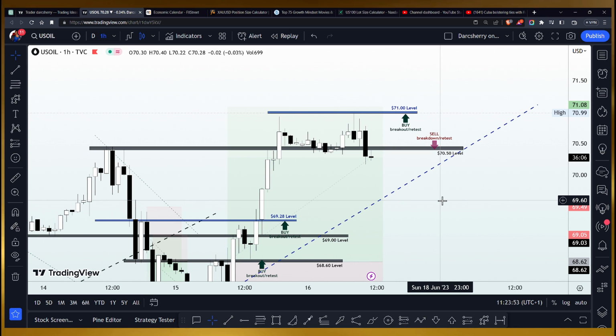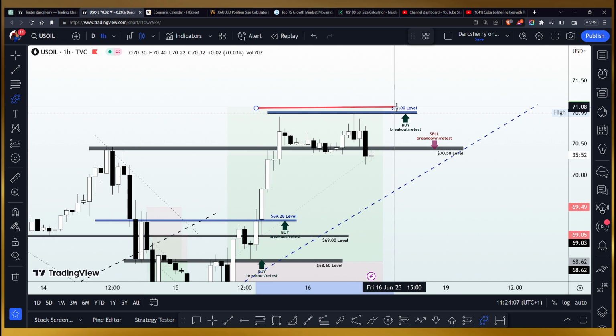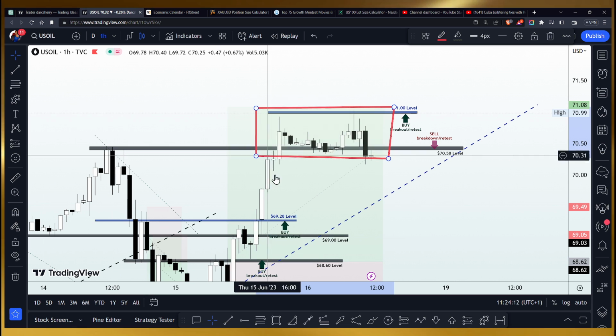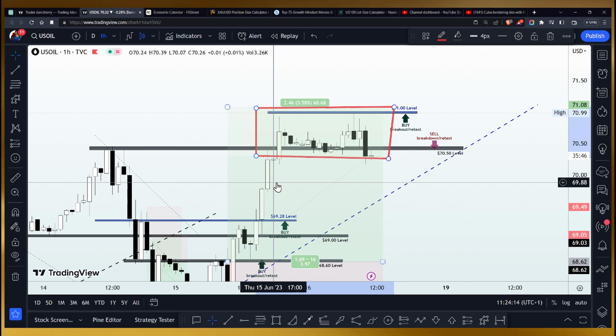And now, from this current structure we have in this market, what do we want to see on this chart that will make us change our bias from bullish to bearish? Now that we have a flat channel to work with, and we have a support line around the $70.50 level, the $70.50 level will be a reference point for us to look out for selling opportunity.